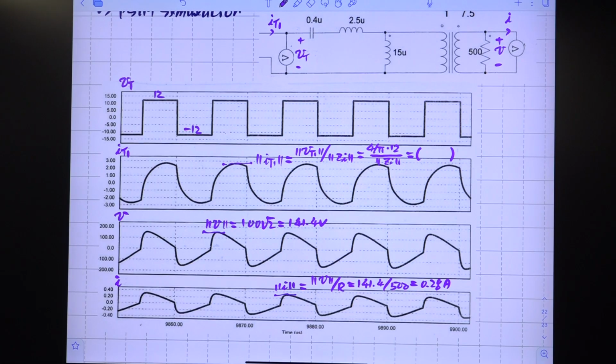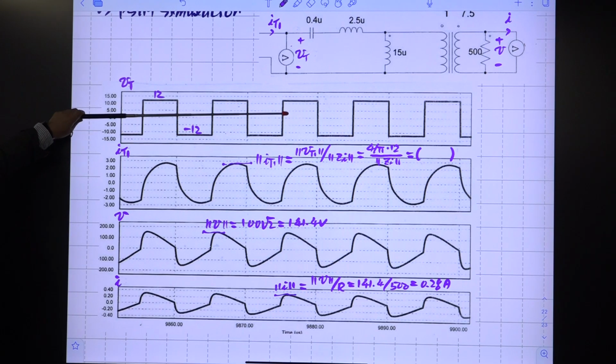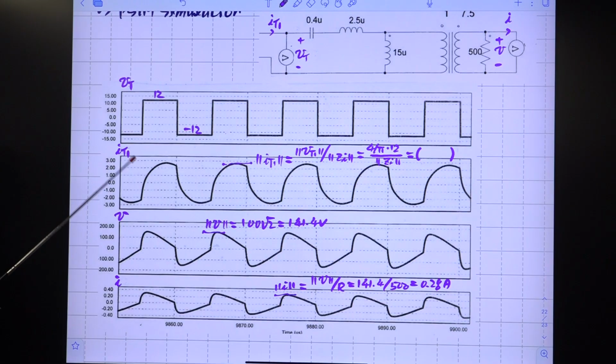No. The input impedance V is 0, so I don't know. This might be okay. Okay. So VT is this one, 12 volt, minus 12 volt. So it's a pulse waveform, and IT1 is this one, a sinusoidal waveform. Not exactly, but very similar to a sinusoidal waveform.